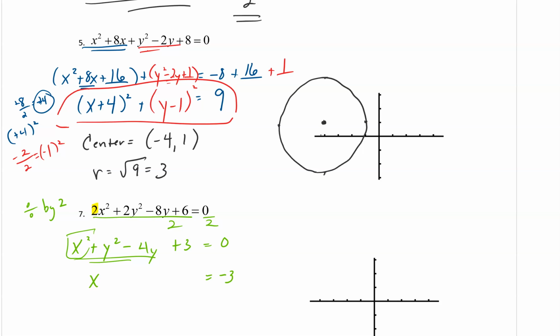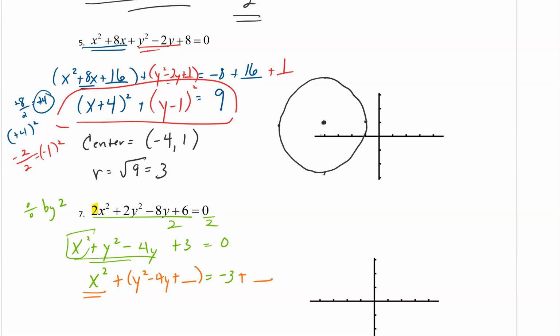So we don't have to do the completing the square on the x. However, I do need to do it on the y. So we go y squared minus 4y, and we're going to go plus blank, and we're going to do it on this side. But again, why don't we touch that one? Because if there is no variable to the first degree, x to the first degree, that means 0 is its value. You're really doing this.